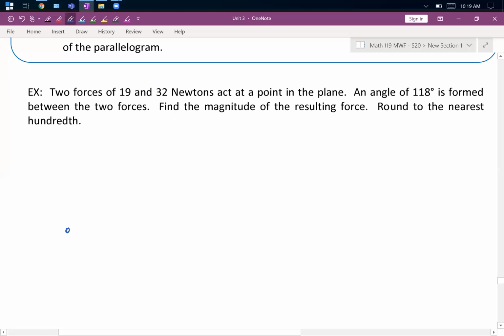So here's my point in the plane. I'm going to put my first vector totally horizontal. Make that one the 32. And my other vector is 118 degrees from that. So if that's 90, my other vector is maybe right here. And this one is 19.